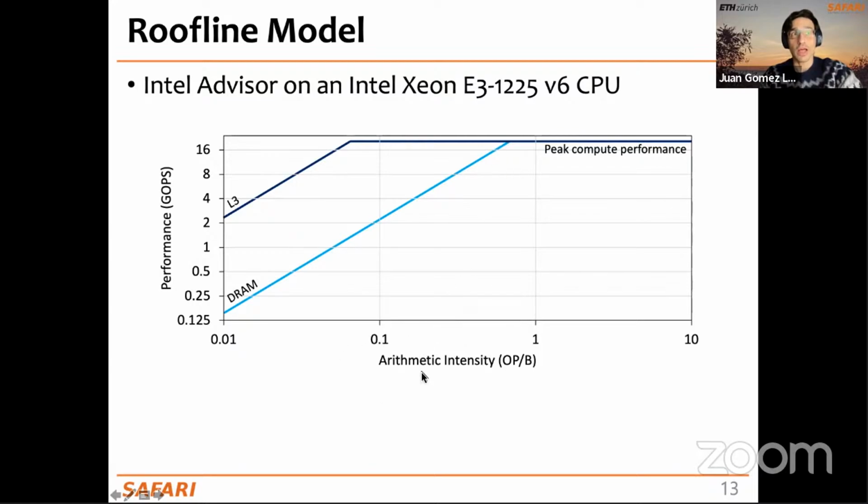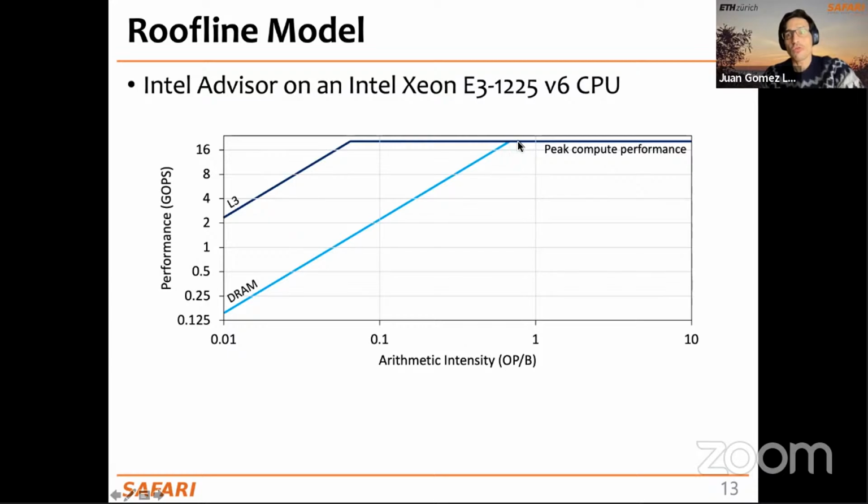So for those workloads that have a low arithmetic intensity, it's going to be the maximum throughput that you can achieve, unless you can fit at least part of the data set in the cache hierarchy, and in this case we may be able to go beyond this line. But in the end, as long as we have a workload that is on the left side of this elbow of the roofline, we can talk about memory bound workloads.